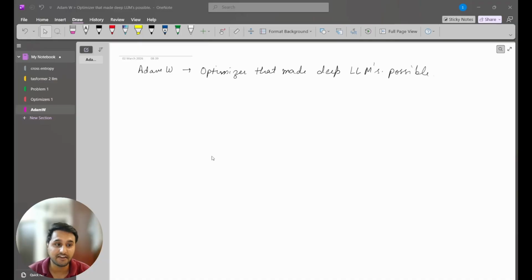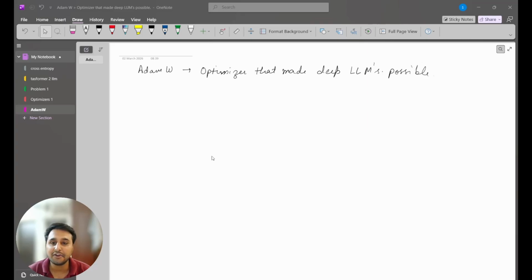We discussed this vanishing gradient problem in my past videos, and after that I told you that there were three cures to solve it. The first one is the optimizer trap: we introduced a new optimizer, that is AdamW. You can see on top of my screen that this is the optimizer that helps in solving the vanishing gradient problem.